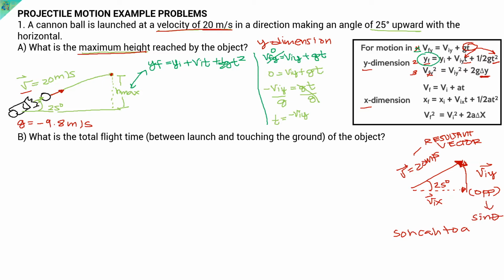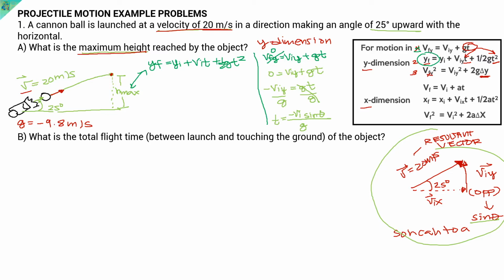Which means that going back to our formula here at the top, VIY is actually VI sine theta according to our analysis here at this side. Right? And that's over G. That is now our formula in searching for the time in the air.